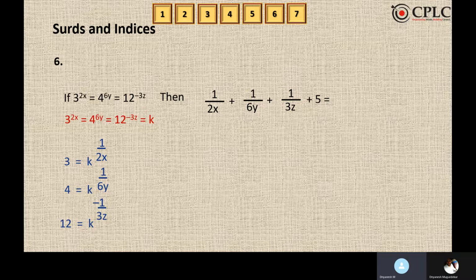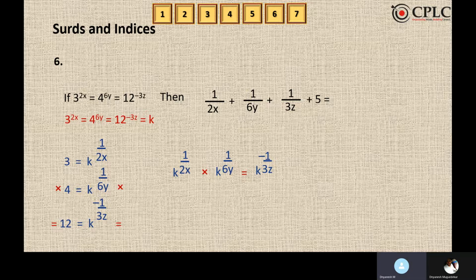Now when you observe, this is pure observation. On the left side, when you multiply the first two numbers, 3 and 4, you get the third one, that is 12. The same thing should happen on the right side. So k raised to 1 by 2x into k raised to 1 by 6y will give you k raised to minus 1 by 3z.